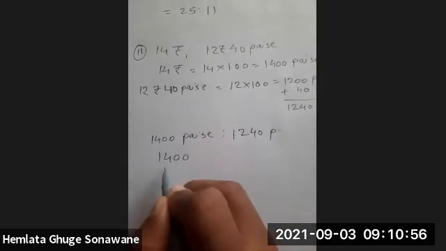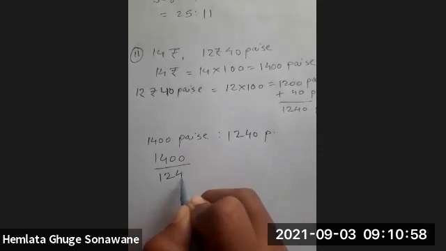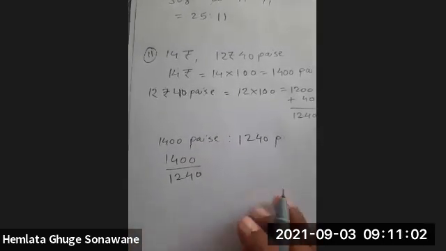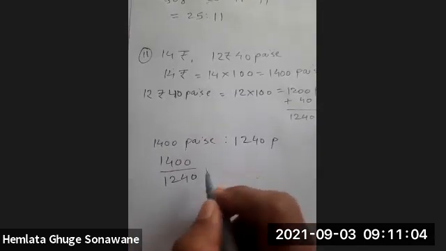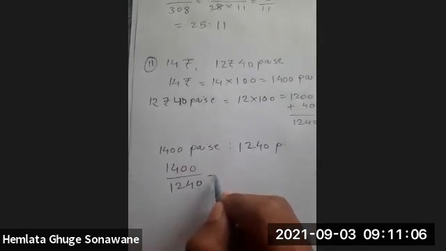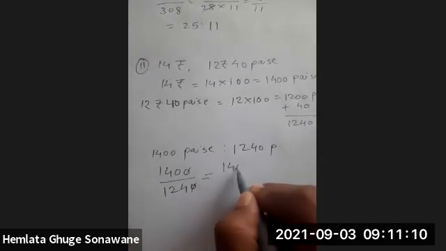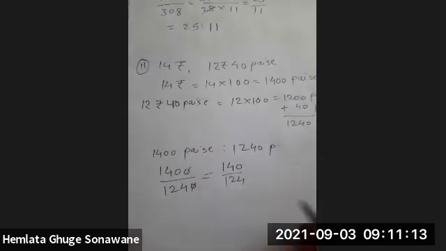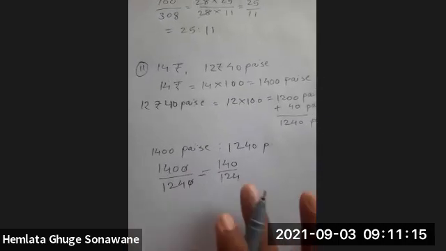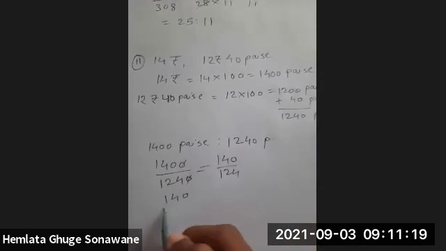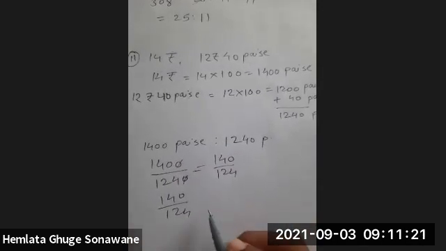So it becomes 1400 upon 1240 here. This 0 gets cancelled. We will write 140 upon 124. I will have to split both the terms, that is 140 upon 124.